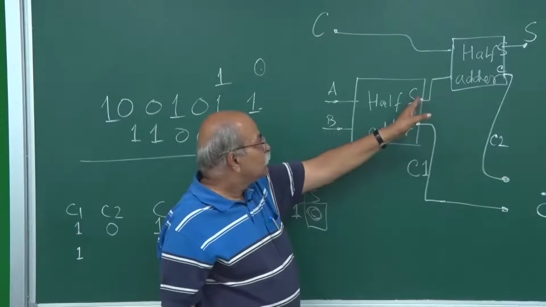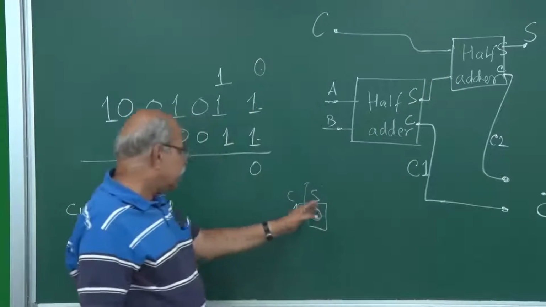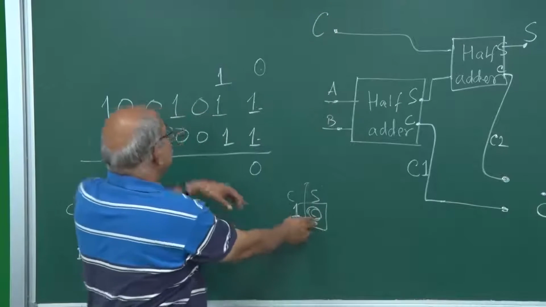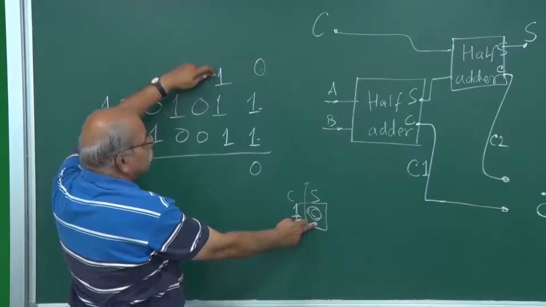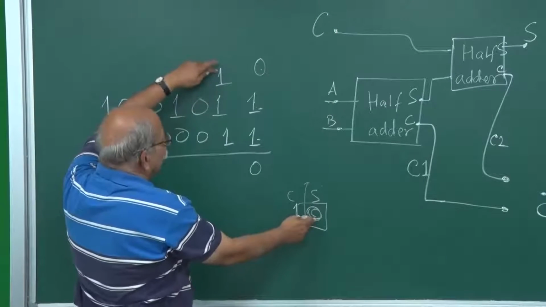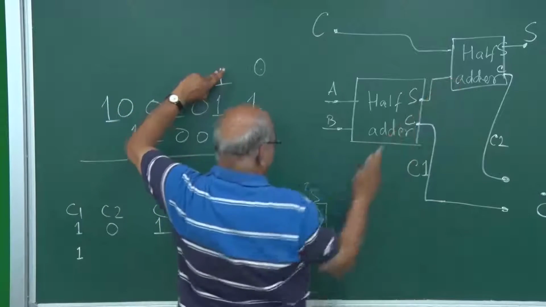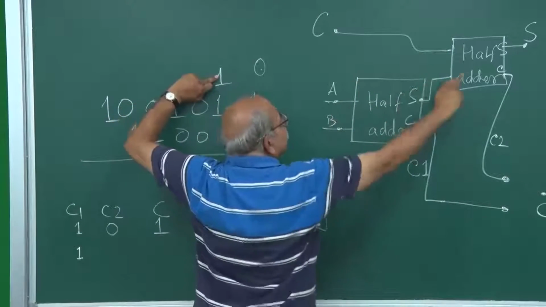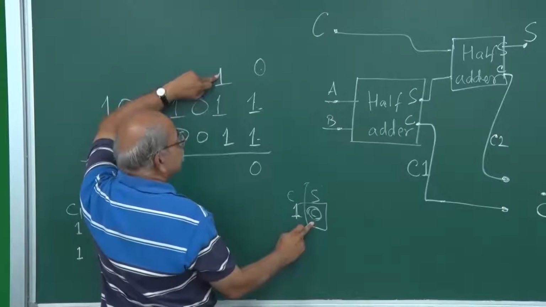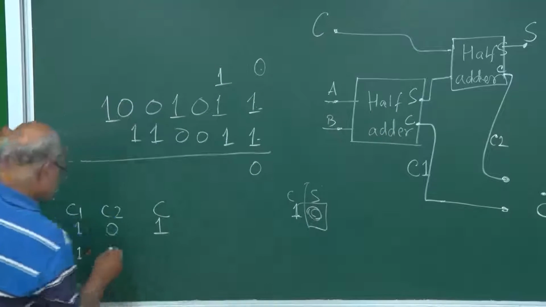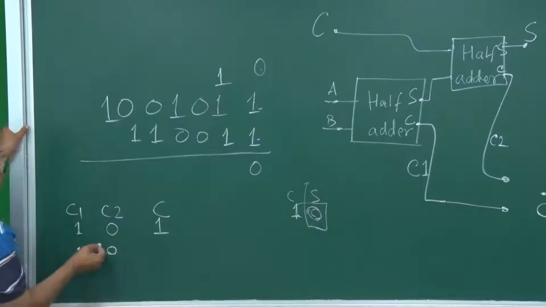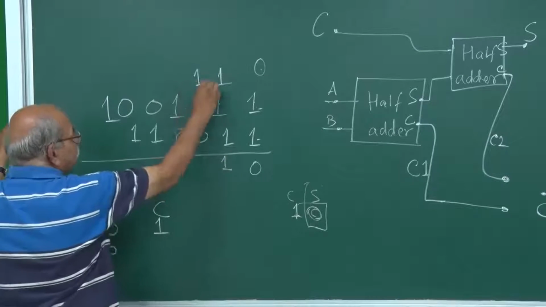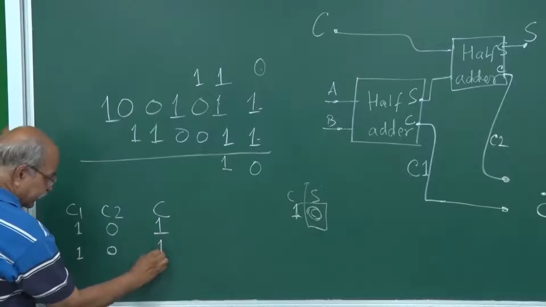The sum here is 0, and the initial carry is 1. So 1 and this 0 are going into this half adder. If 1 goes here and 0 goes here, the carry is 0. So C2 is 0. And then it will be 1 here, so your C is once again 1.